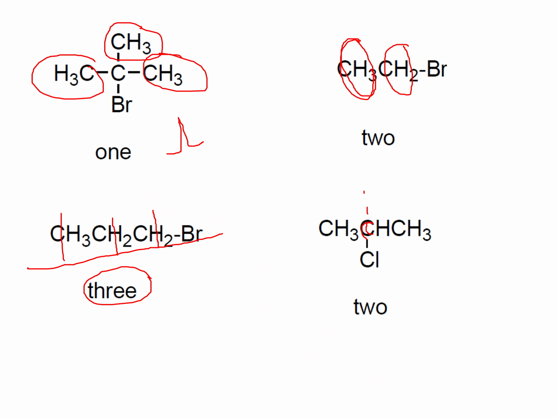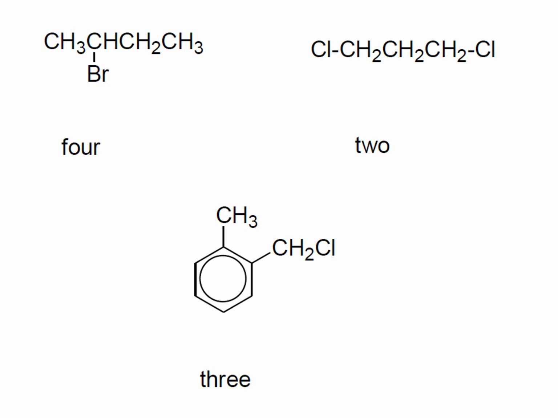So there is a hydrogen, I am putting the hydrogen here. So there is a hydrogen, this hydrogen is here. So this will be one environment and the other environment would be these two. These two would be a similar environment. Then there would be four environments, because this hydrogen will have one environment because of the bromide.